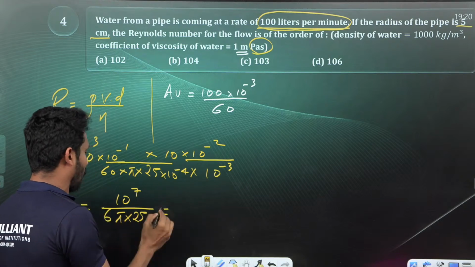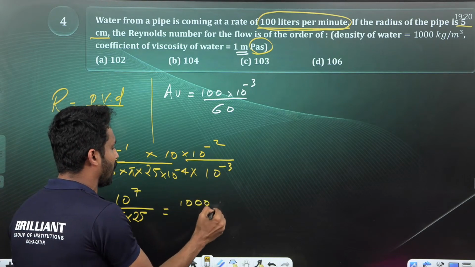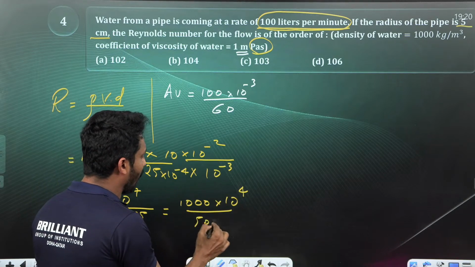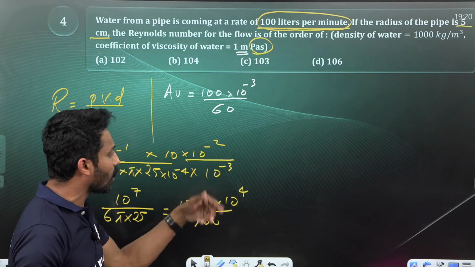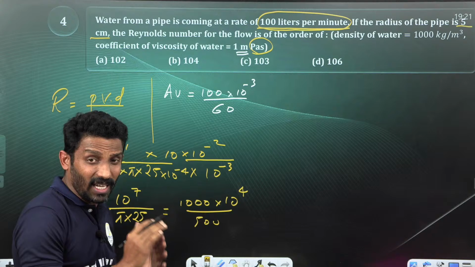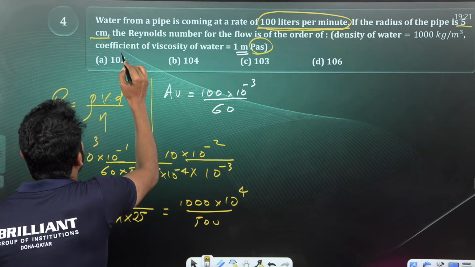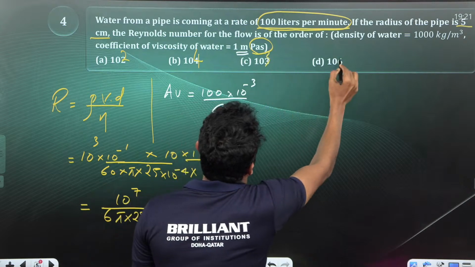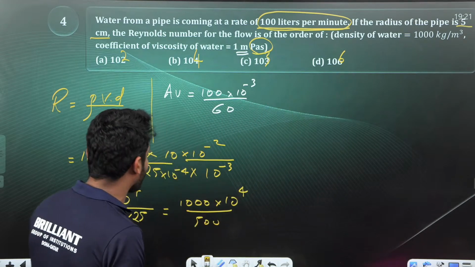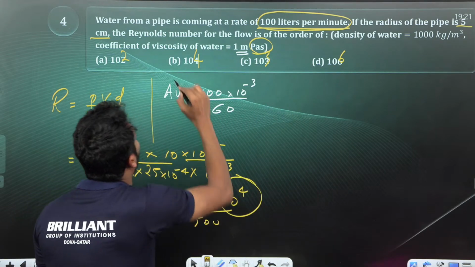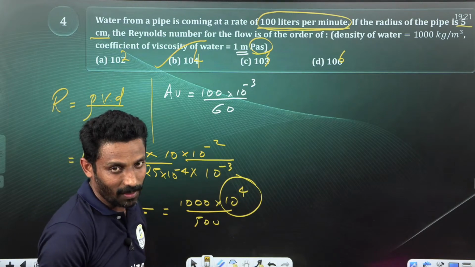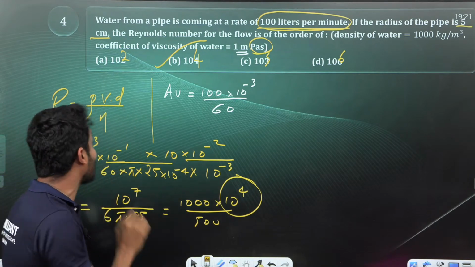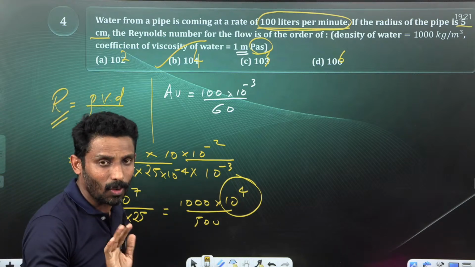So I can take 1000 into 10 raised to 4 divided by a number under 500. This is 2 into 10 raised to 4. The question is about the order, and all these are 10 power 2, 10 power 4, 10 power 3, 10 power 6 only. Now the answer is in the order of 10 power 4. Very simple. The idea of Reynolds number rho Vd by eta, remember this is a dimensionless, unitless constant.